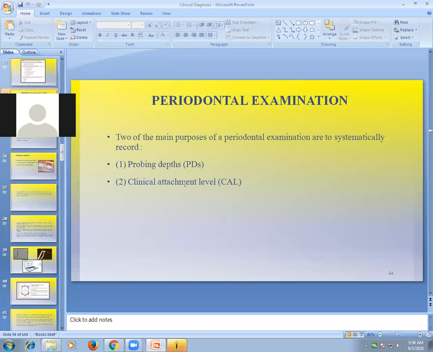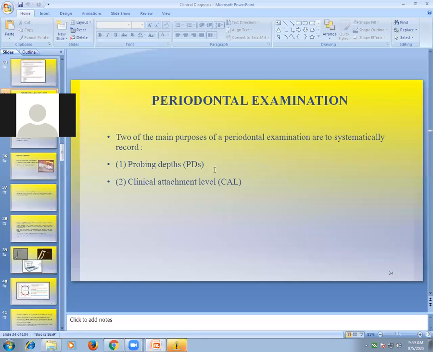Pseudo pocket means the margin of gingiva moves coronally. In gingival enlargement, the gingiva is enlarged, so the margin of gingiva moves onto the crown surface. Because of that, the probing depth may not be true, so we call it a pseudo pocket. Okay, got it? Did everyone understand? If you did not understand, please say so.